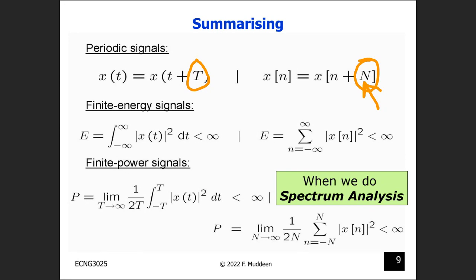In the continuous time world, of course, time is capital T. In the discrete time domain, time is a function of n and our sampling interval. So if you have 5,000 samples and you're looking at it every second, then you're looking at it for a period of 5,000 seconds, or it could be 5,000 microseconds, that kind of thing.